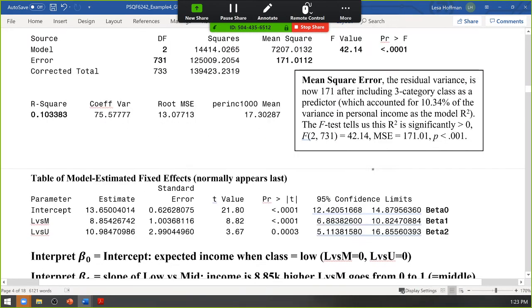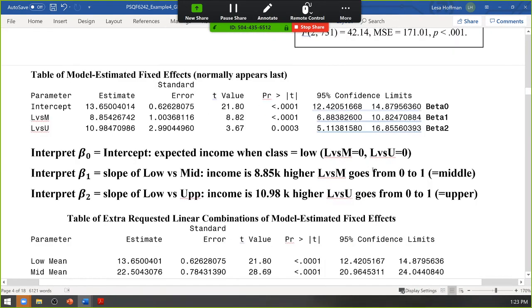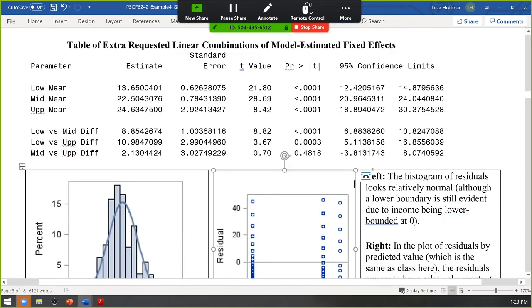Okay, let's go up to here. So one thing that we don't have yet is an estimate of effect size. The coefficients for the slopes speak to effect size, but they do so in an unstandardized way.